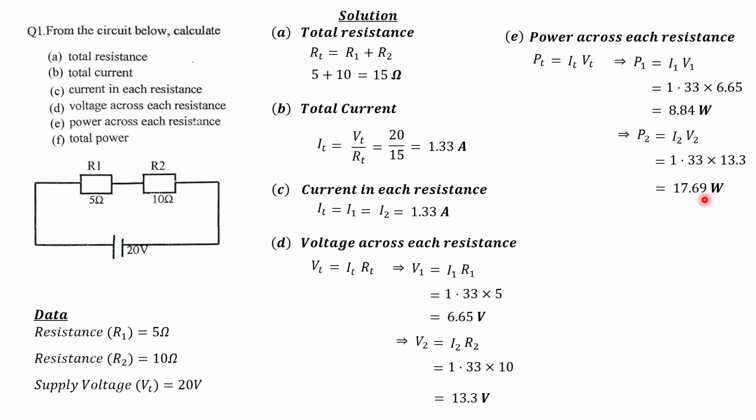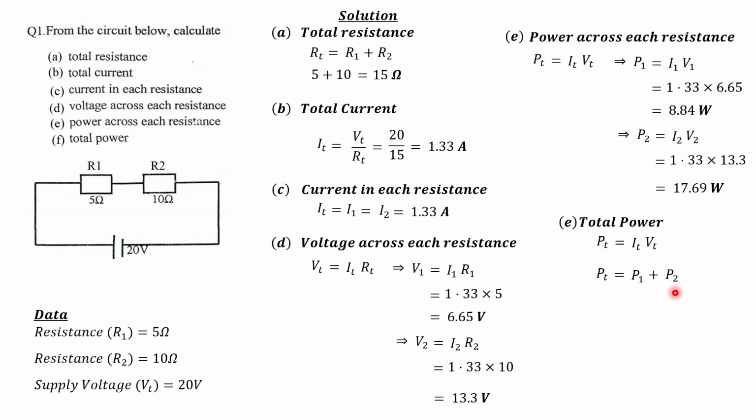So let's solve the last one, F. We have to calculate the total power. We can use this formula: PT, the total power, equals the total current times the total voltage. Or we can also use PT equals the power across resistance R1, which is P1, plus the power across resistance R2, which is P2.